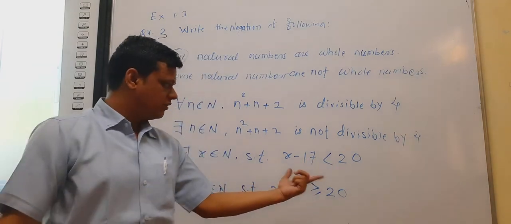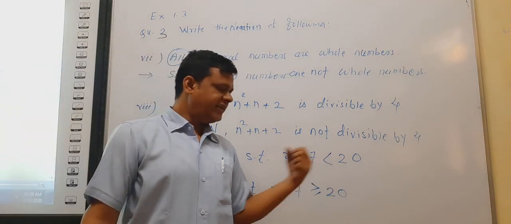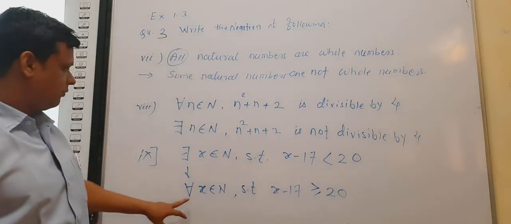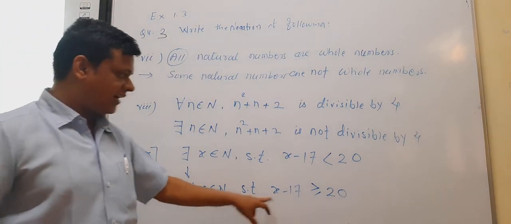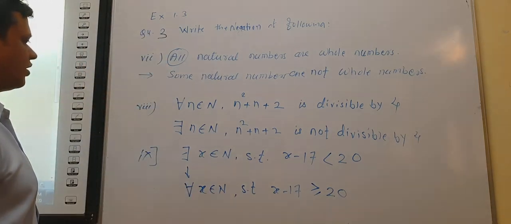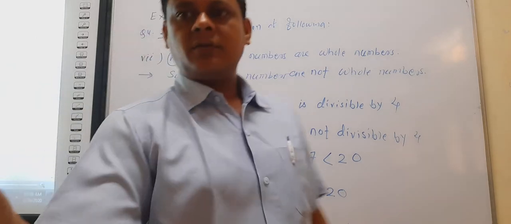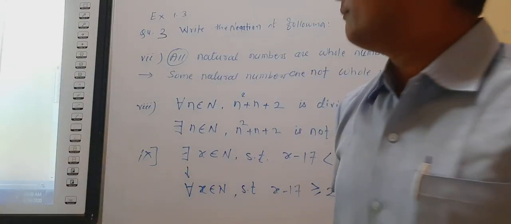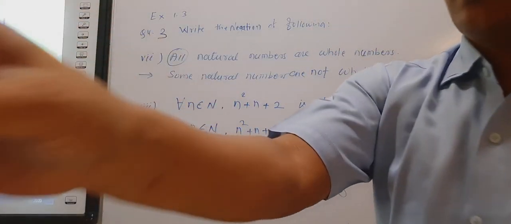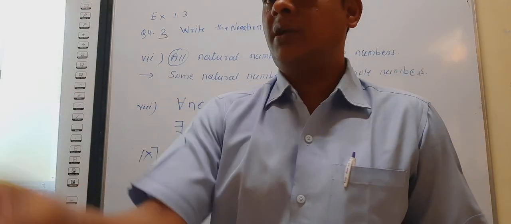Means we have to take its negation. Therefore, for all x belongs to N such that x minus 17 is greater or equals to 20. In this way, we complete the exercise. Question number 3 in this exam.